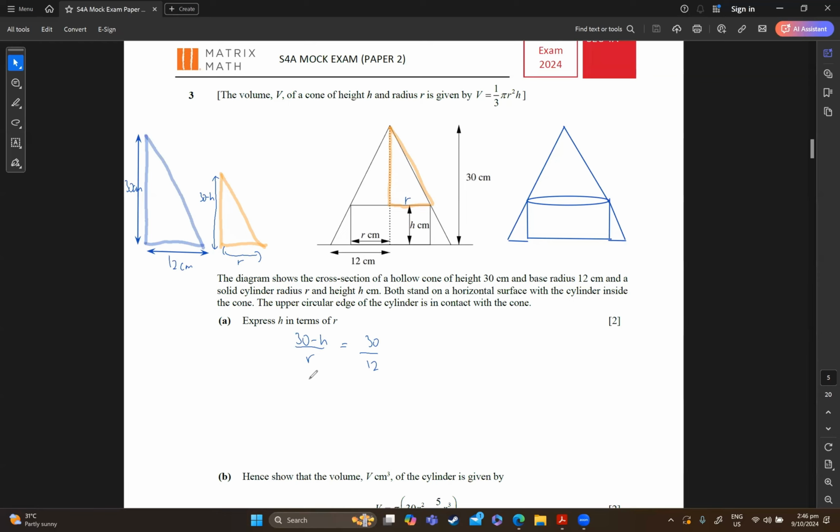Take note 30 over 12 is just 2.5. So you can just write down 30 minus h over r equals 2.5. Bring the r over. So therefore, h is simply 30 minus 2.5 r. So we now have an expression for h in terms of r.